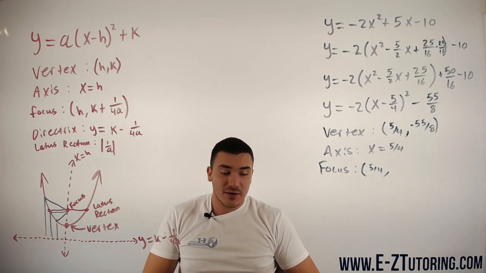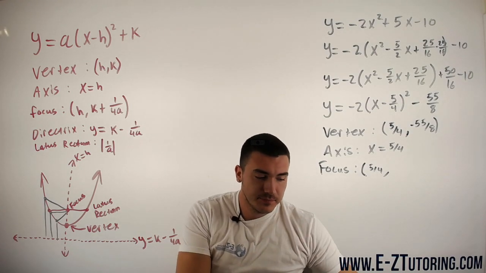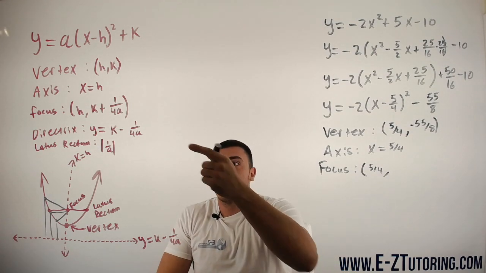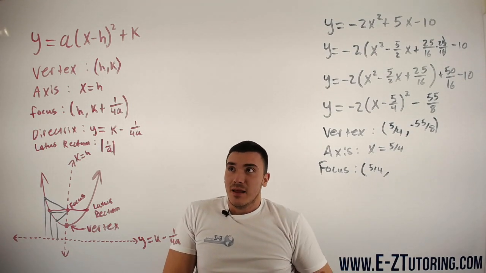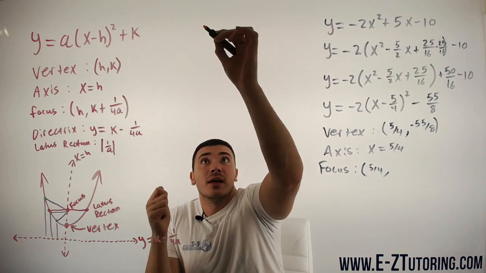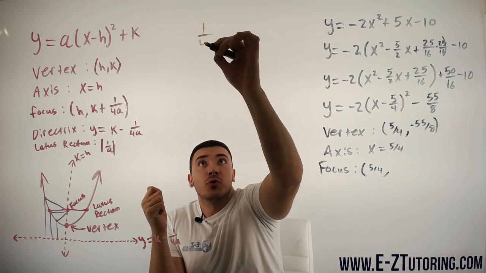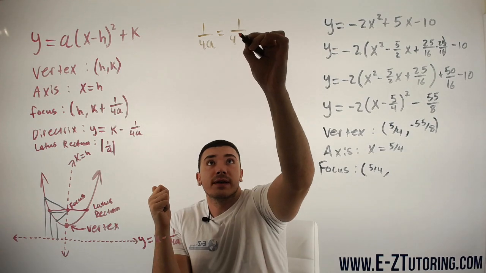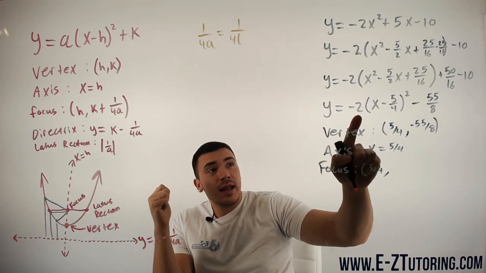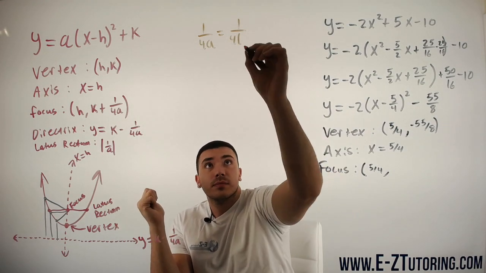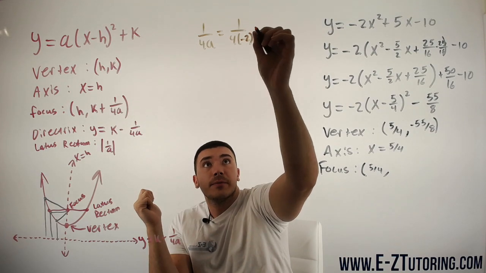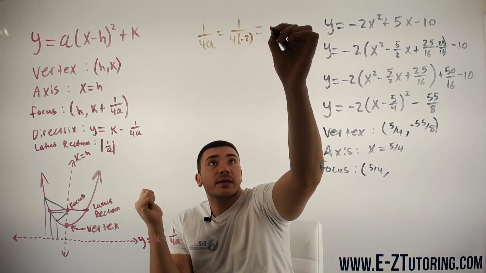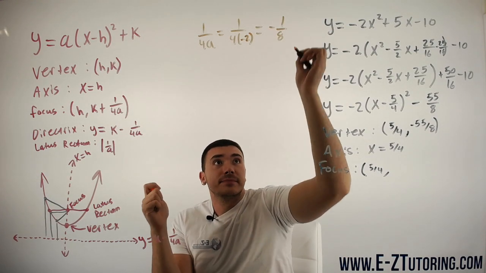So here's where things start getting a little bit complicated. First, let's find out what 1/4a is, because we are going to be using this number a lot. This is equal to 1/4 times a, and our a is -2. So that will give us -1/8.